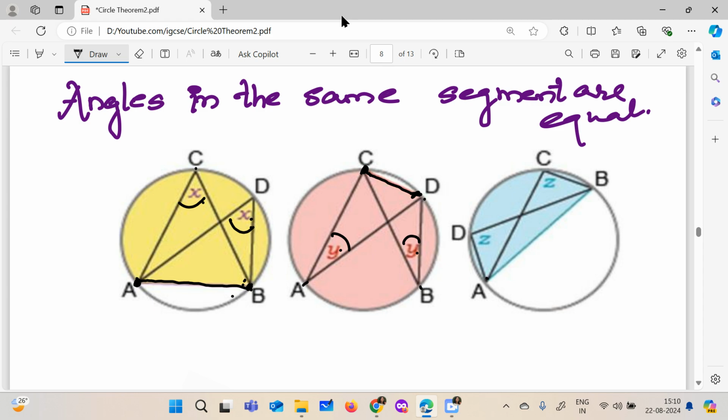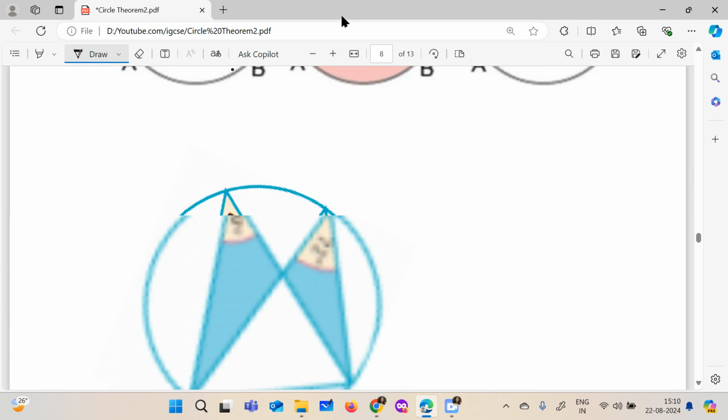Now another one: this line is dividing the circle into two segments. From this point I have an angle here, and from these two points another angle here. Since these two are in the same segment, they are equal. Clear? Okay, let's see a few questions.